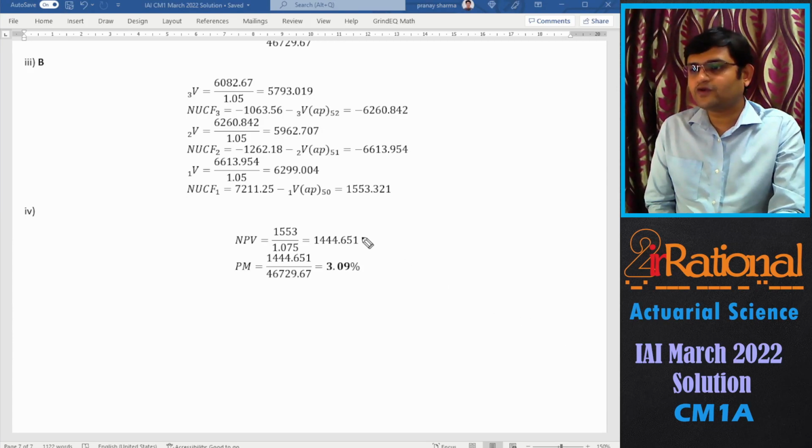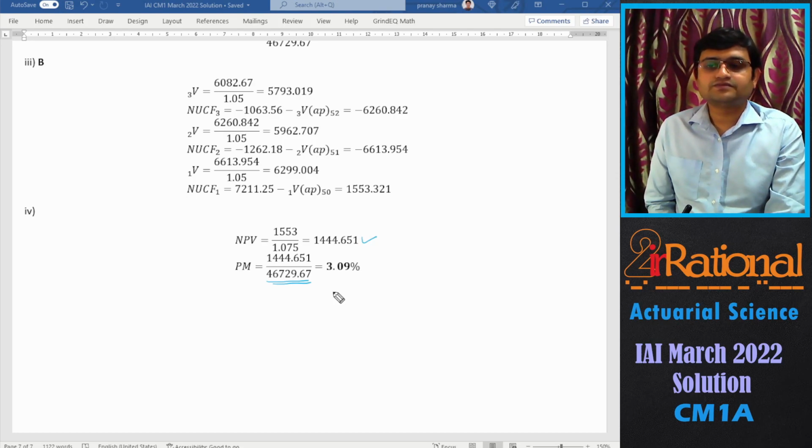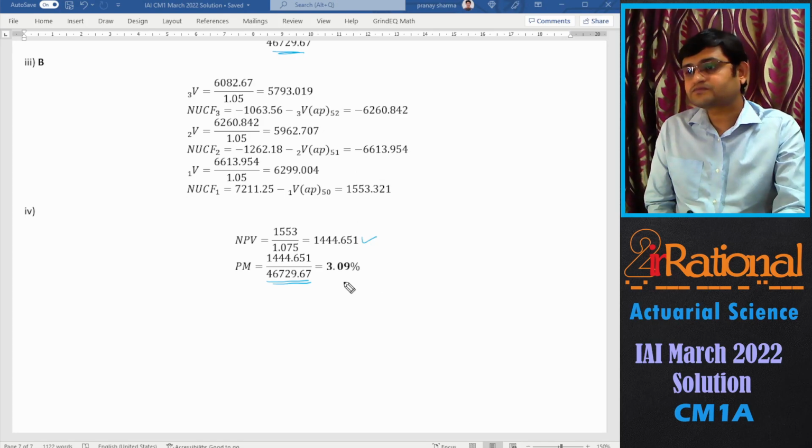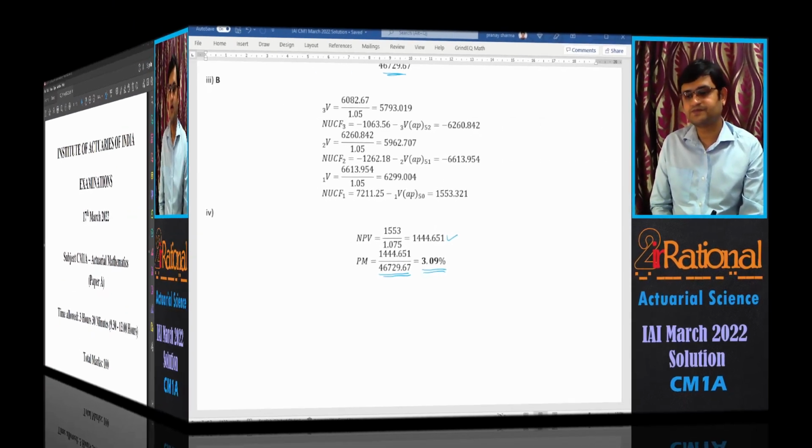So net present value would be this much, 1444.651, and calculating the profit margin using the same expected present value of premium as before, and we get our profit margin as 3.09%.